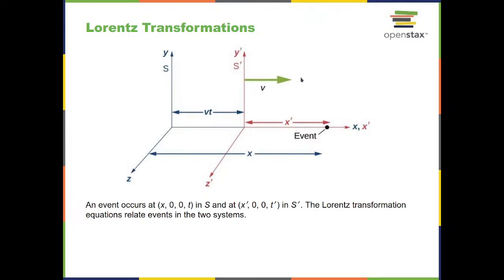So if something happens at a point x in the original reference frame, it will happen at point x prime in the new reference frame, and x will have to be equal to x prime plus v times t, right?